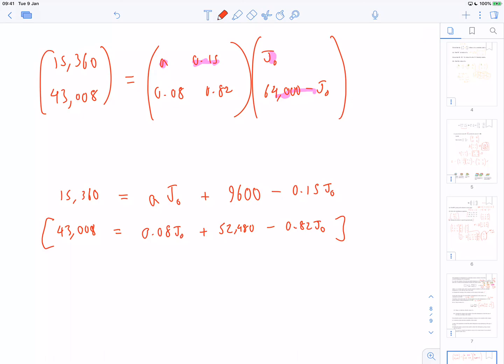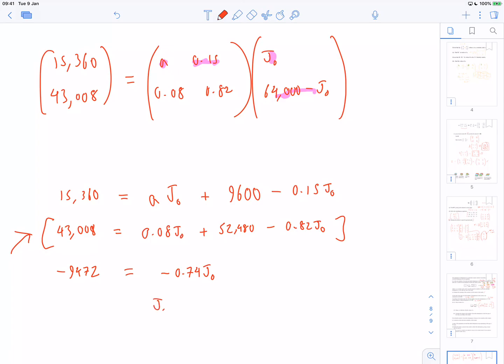That doesn't seem too bad. So, what is 0.08 minus 0.82? I've got minus 0.74 J0 on the right-hand side, and 43,008 minus 52,480 gives minus 9,472. So all I have to do is that answer divided by minus 0.74.